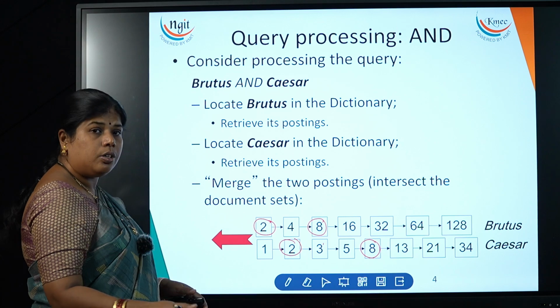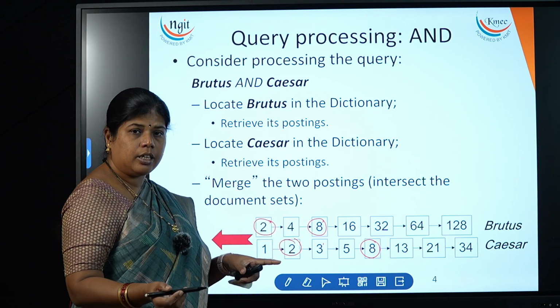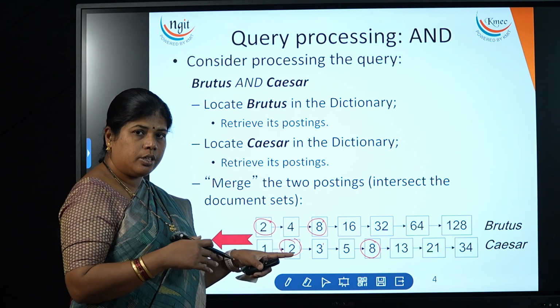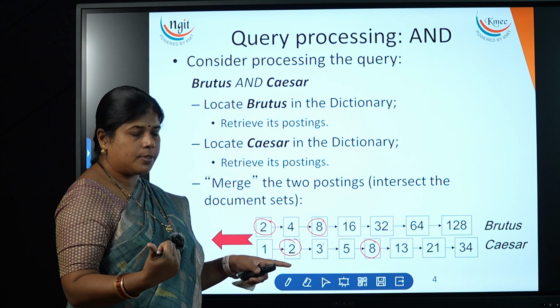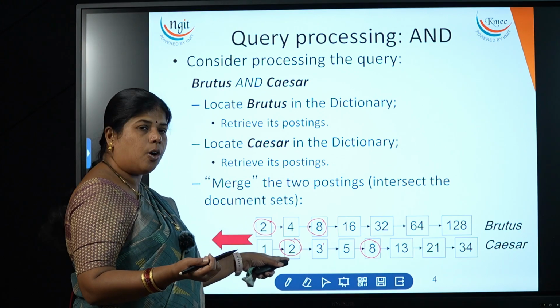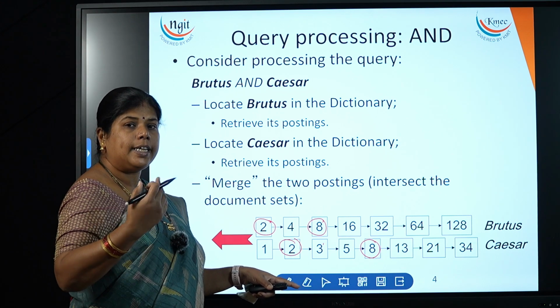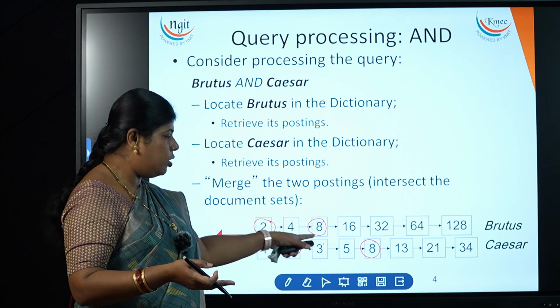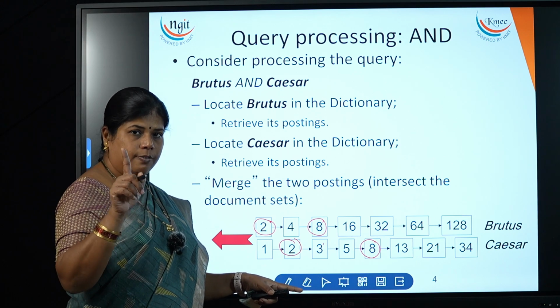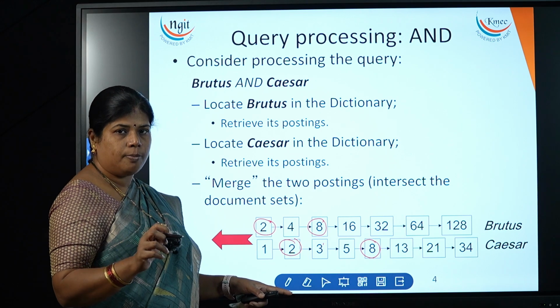No. Now the question comes to our mind whether this 2 and 8 should be returned to the user 2 times or 1 time, as an answer to his query. Of course, to avoid the duplication of documents, to avoid duplicated retrieval, we should give it to the user only one time. So here what should we apply? Merging of documents we should apply.